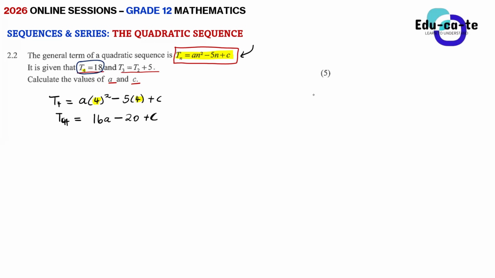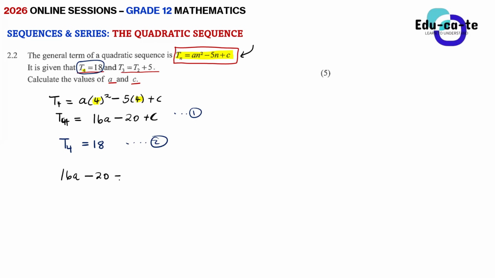So you are allowed to equate these two, because these are two different ways of finding term 4. The one that you are given is that term 4 is definitely 18. The other method, you use the general formula. So if we equate, this is going to be 16a minus 20 plus c is equal to 18.